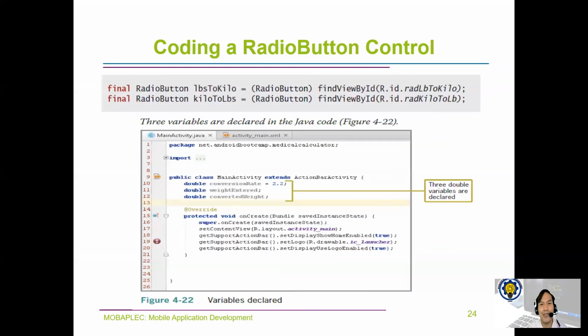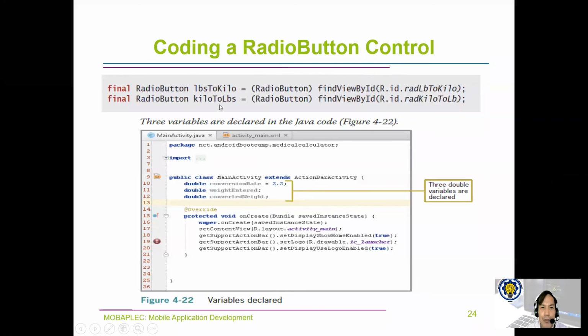This is the code for the radio button. Just to recap, we have final, the constant value, the reserved word. We have final, the radio button, the name of the radio button, followed by findViewById, which is actually the ID name of that method.